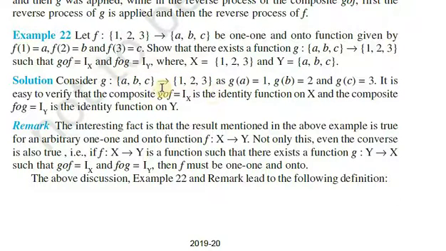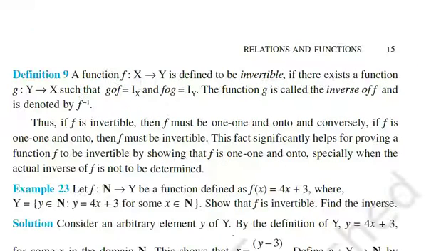It can be any capital X and capital Y, for which the function f is 1-1 and onto, then there exists a g from Y to X such that g of f is Ix and f of g is Iy. But they must be 1-1 and onto. This is the remark.